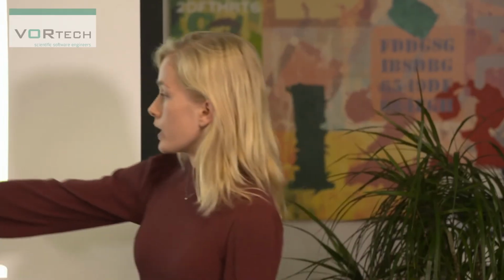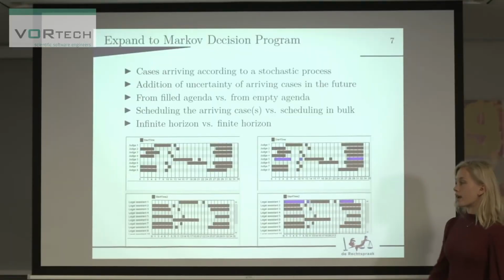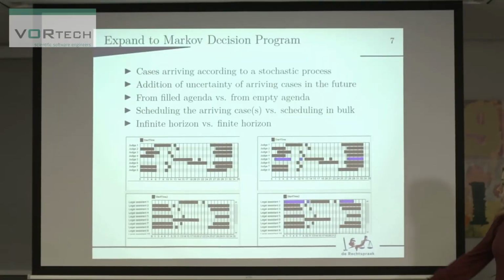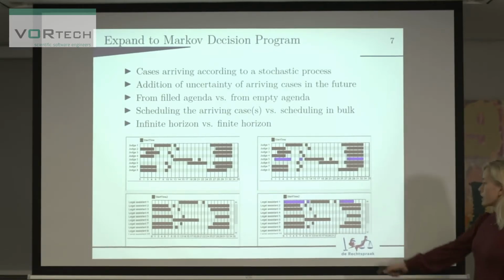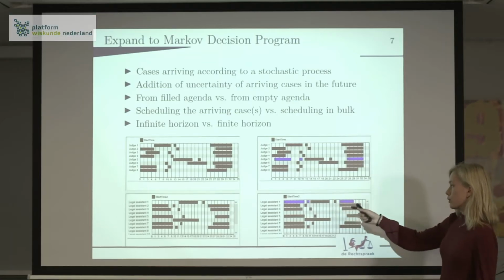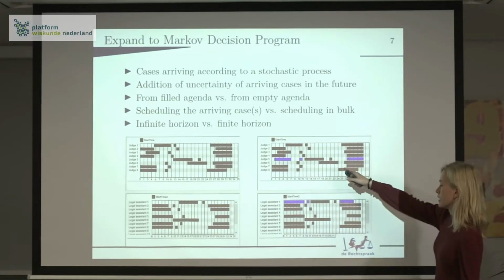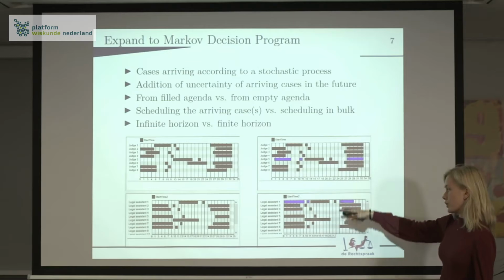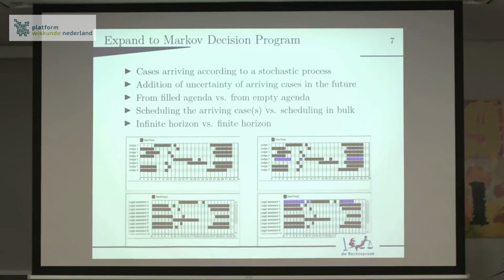So we now start with the figure on the left, so an already filled agenda. And we have to schedule a new incoming case, which has 3 appointments. And you can see it on the right. So the blue case has arrived, and it has to be scheduled at 1 judge and 1 legal assistant.